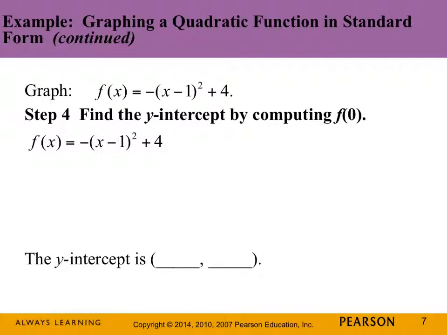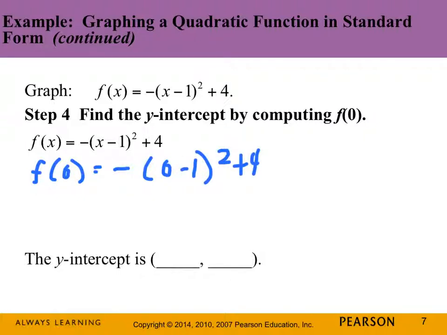Step 4 in graphing a quadratic function in standard form is to find the y-intercept by just computing f of 0. So you're only going to need to substitute in a 0 for x, that's all. So f of 0 equals the opposite of 0 minus 1 squared plus 4.